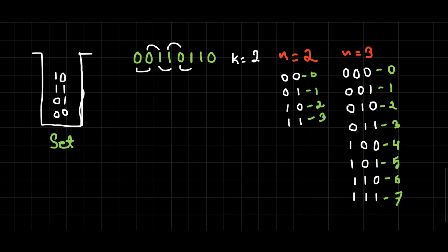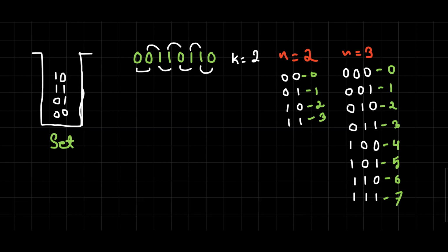So we cannot insert 01 into the set. Now we have to look at the substring 11. It is also present here. So we cannot insert 11. Now finally, 10 is here. But 10 is still present in the set. So we cannot insert 10 here.